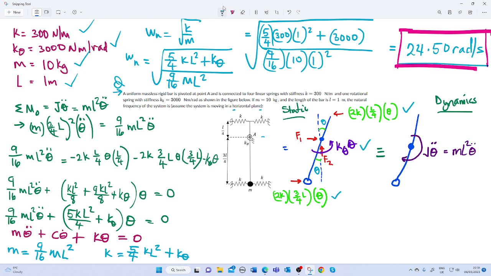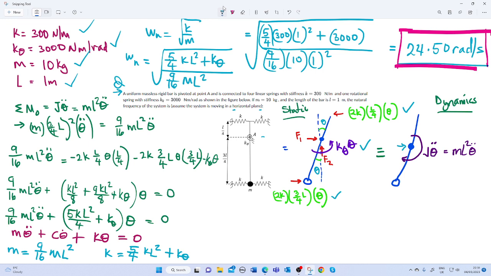So now that we have solved all the static equations for this particular system, we can equate it to the dynamics of it. That is when the body is moving, knowing fully well that there will be a rotation at the point of the pivot.